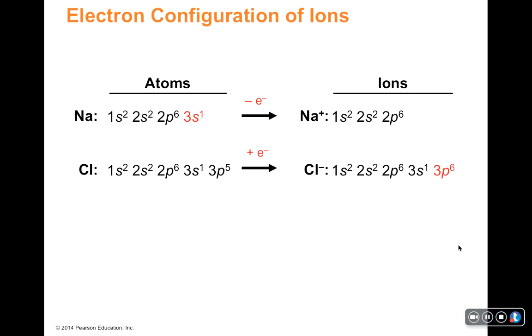And these are key points. Atoms want to gain or lose electrons to end up with full shells. So for sodium, that means losing that electron so that it has a full shell underneath. And for chlorine, it means gaining an electron so it now has that full p subshell and full orbitals.